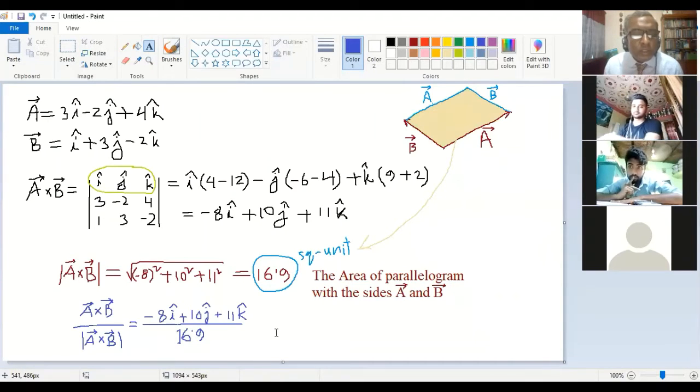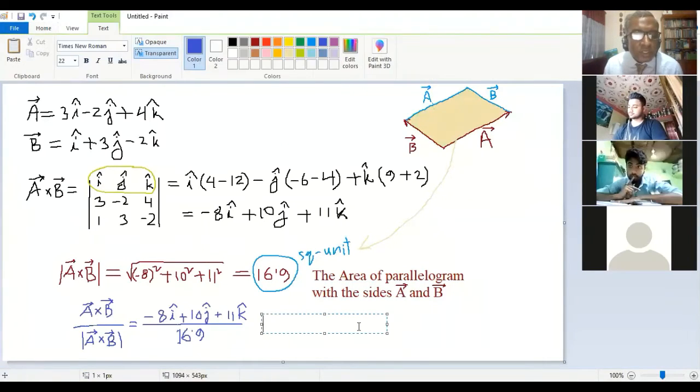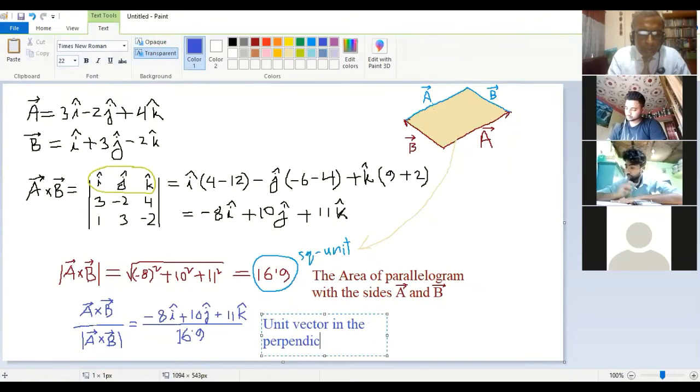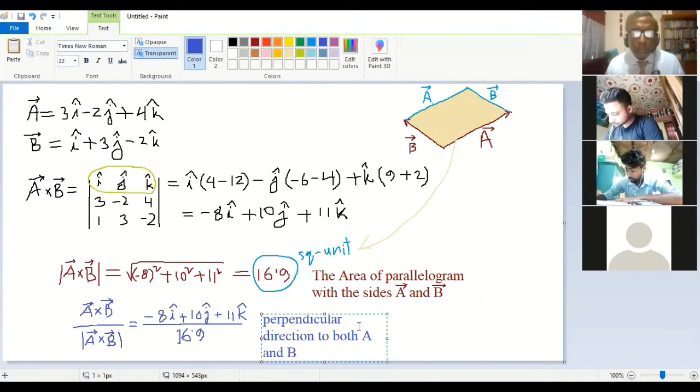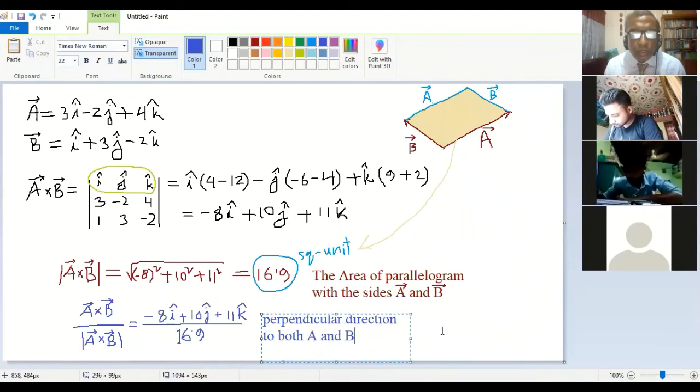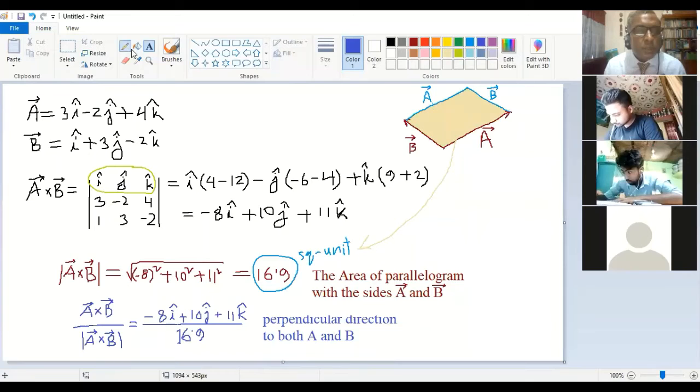So the thing is, you will say this is the unit vector in the perpendicular direction to both A and B. It will definitely be a unit vector and perpendicular to both vectors, and that direction will be the direction of this unit vector.